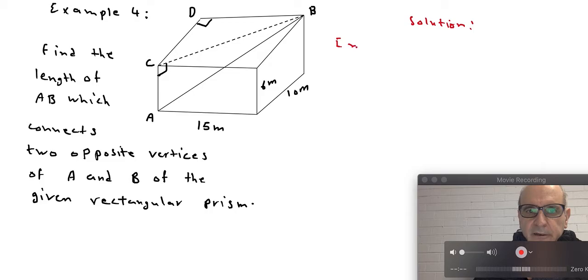In triangle BDC, let's call this X and let's call this Y. X squared is the hypotenuse. In this triangle, X is the hypotenuse. X squared is equal to CD squared plus BD squared.